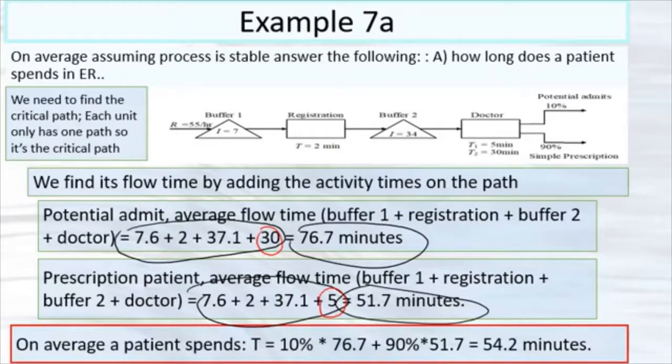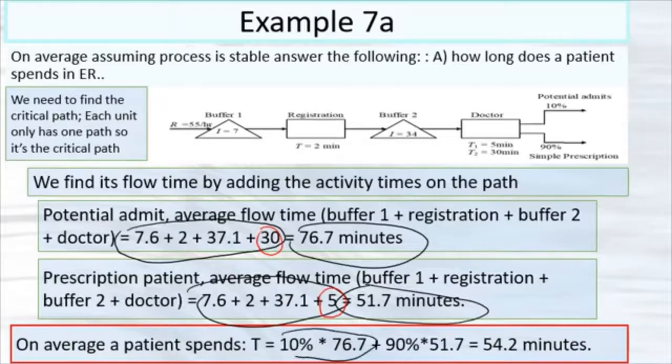So on average, because they're asking how long does a patient spend, they're not talking about the potential admit or the prescription patient. So in general, the patient as a whole. For this, we're going to do a weighted average, because we know 10% of the patients are going to be potential admit patients.